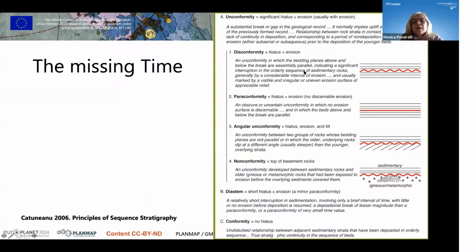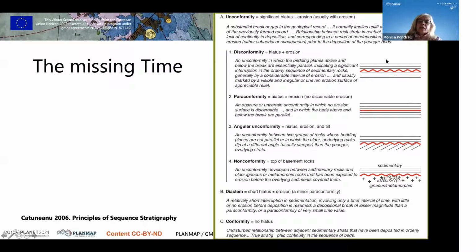These unconformable surfaces are of different kinds. When we have, for example, sedimentary deposits lying on top of igneous or metamorphic basement deposits, this surface is called a non-conformity. If we have sedimentary deposits, on top of which we have this surface with non-deposition and erosion, and then horizontal sedimentary deposits, we have an angular unconformity.